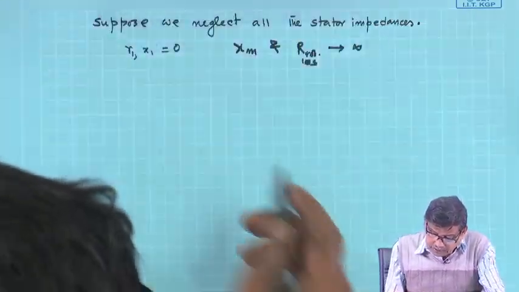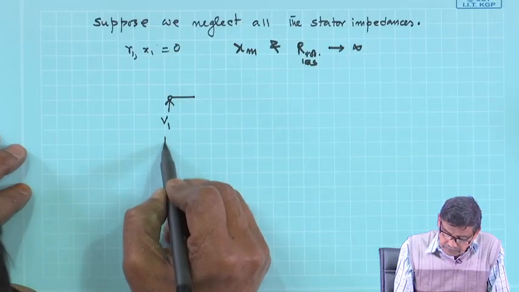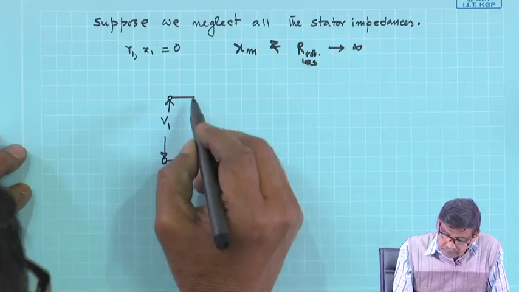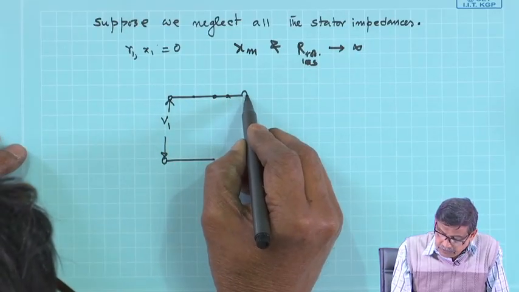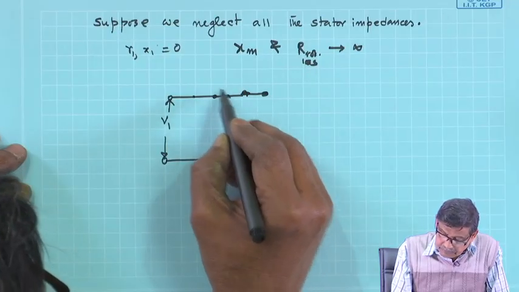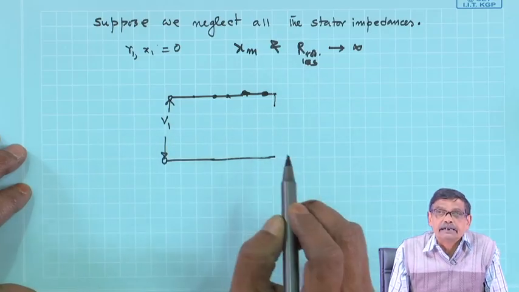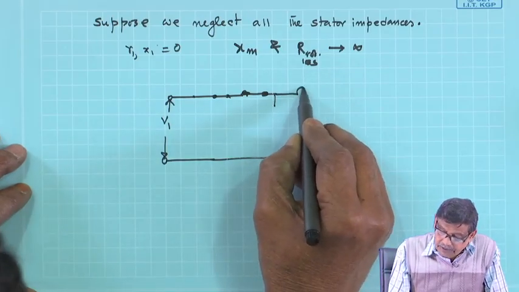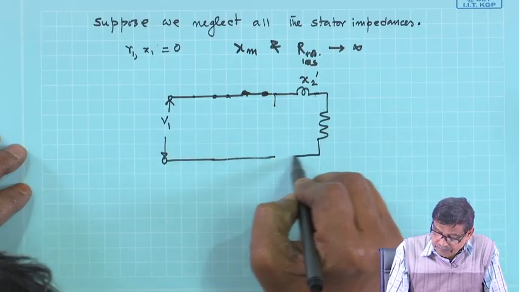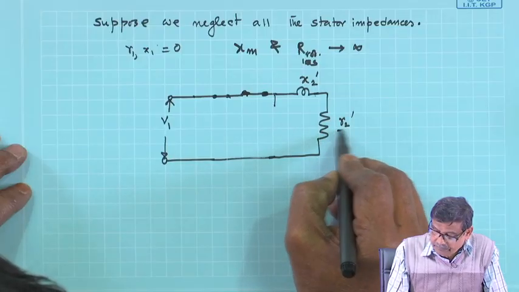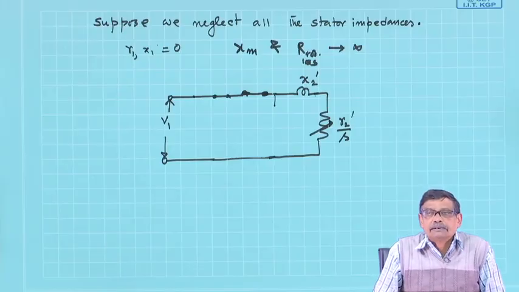Then the equivalent circuit will simply look like your per phase applied voltage V1, R1 is not there, 0, shorted, X1 is not there. So, R1 0, X1 0, and this parallel branch open circuited, nothing is there, and then you have only rotor parameters present. That will be simply the equivalent circuit.